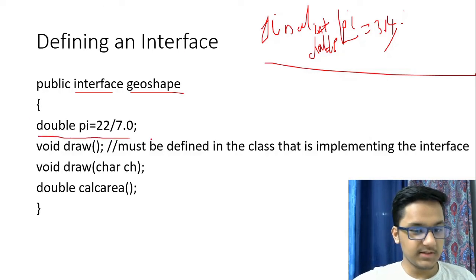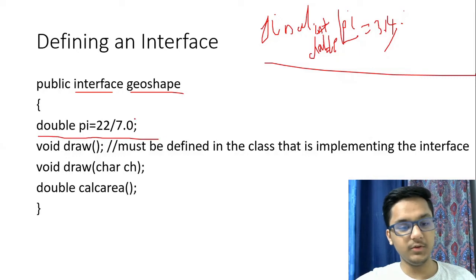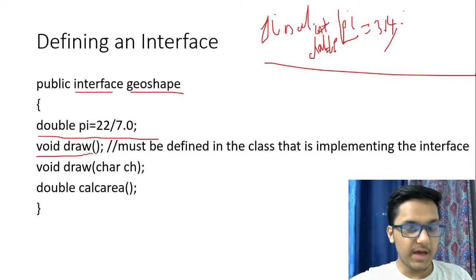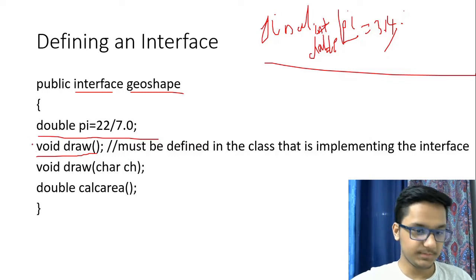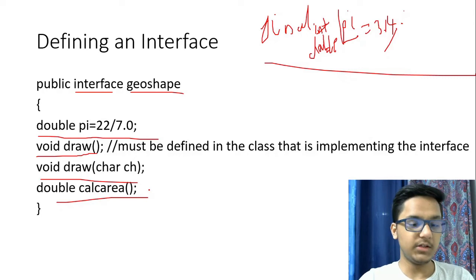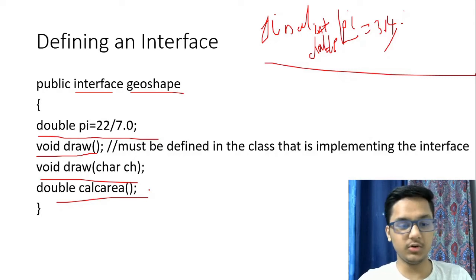So you can see there's a variable double pi equal to 22 by 7.0, and we don't need to mention the keyword final because it's in an interface. And then we have a function void drop with a semicolon. You don't need to mention that it's abstract. And these are two other functions. Another point to note is that it is completely not possible to have a normal method or a normal variable in this. Anything you put has to be an abstract method or a constant variable.